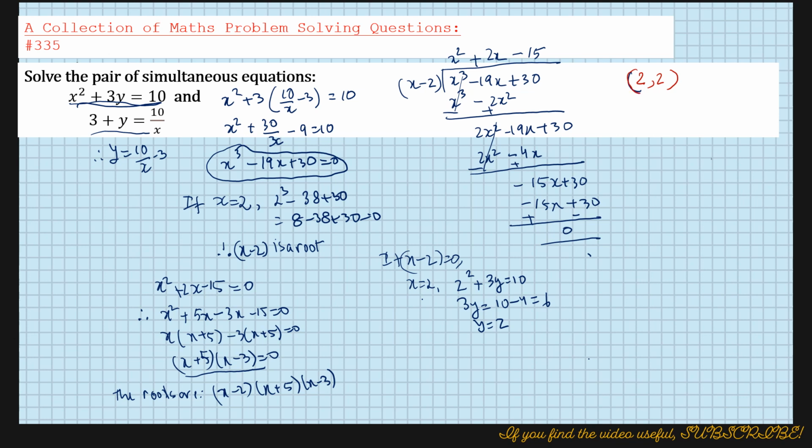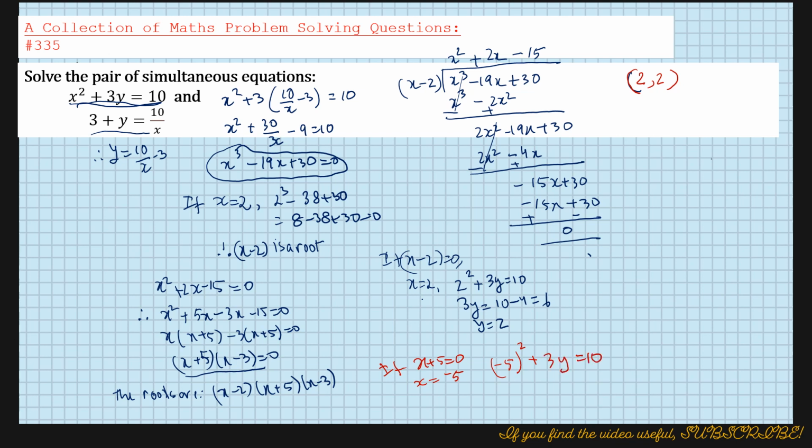So x is 2, y is 2. The next solution is x plus 5 equals 0. If so, x would be minus 5. And again, substituting, we get minus 5 whole squared plus 3y equals 10.